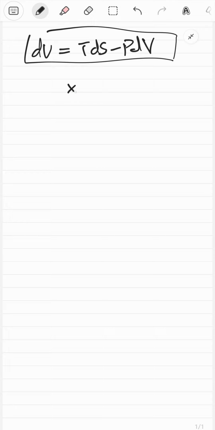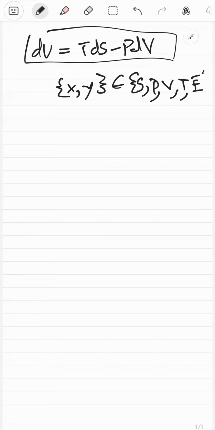Let's call these variables x and y. We won't specify what these variables are, but they are somehow related to these values. So let's just say that x and y are from this set of values S, P, V, T and E. For now let's forget mu and N. Let's assume N is constant, so that mu doesn't even come into the picture.